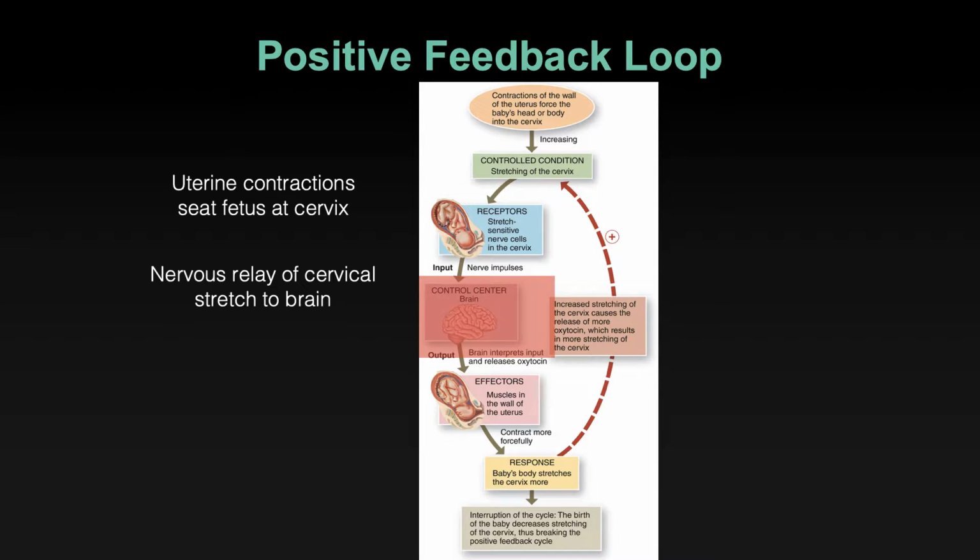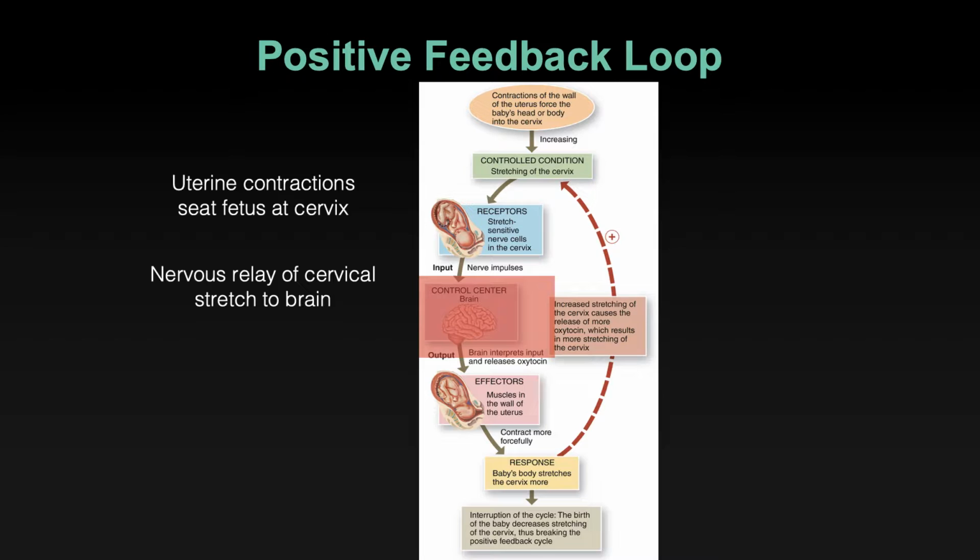So as more stretch occurs, we release what's called oxytocin in the body, which is often referred to as the cuddling hormone. It serves very specific purposes. In this case, oxytocin makes the uterus contract.